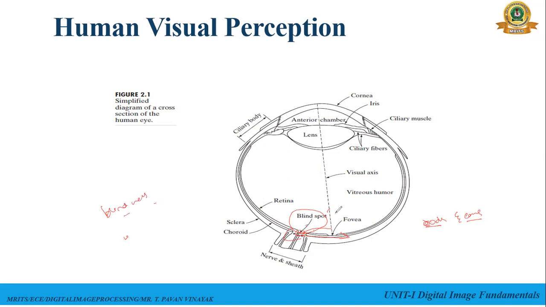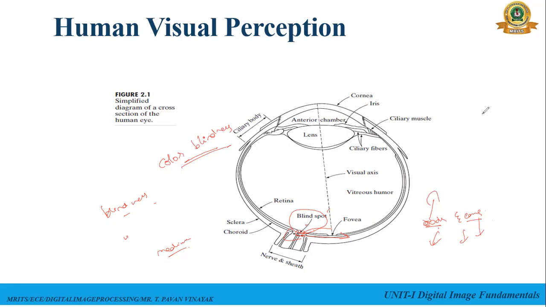If it is medium, then based on the ratio of rods and cones, we can call it color blindness. If the person has more rods and fewer cones, that is color blindness. It is called the blind spot.